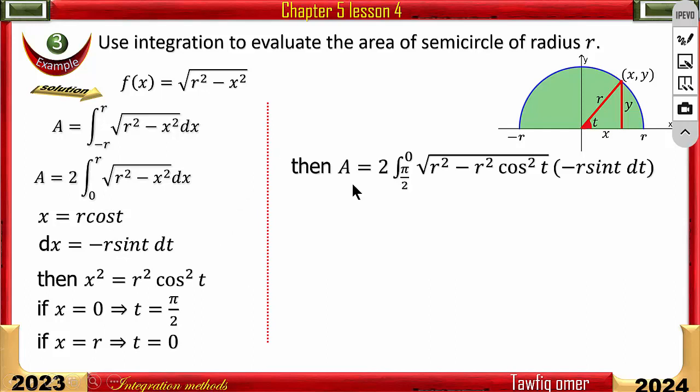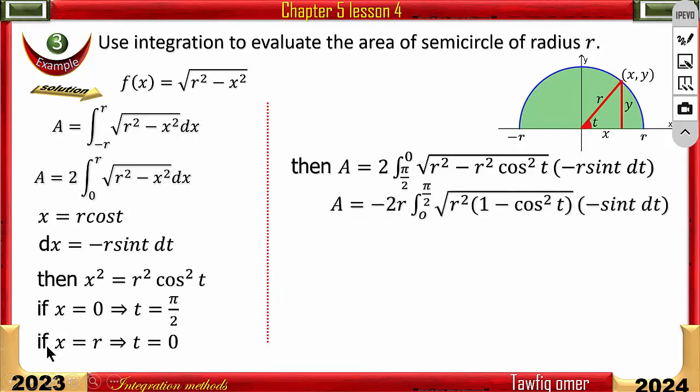It becomes A is equal to the integration from, when x is 0, t is pi over 2, and if x is r, then t is 0, of the square root of r squared minus, in place of x squared, we are replacing r squared cosine squared t.